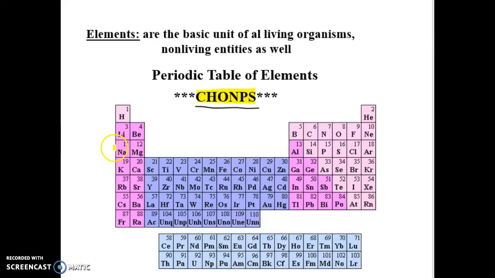So the goal would be, when you look at a periodic table, you go, okay, here's carbon, here's hydrogen, here's oxygen, nitrogen, phosphorus, and sulfur, those 6. Now we are going to talk about some others. We'll talk about things like sodium. Let's give sodium a little star there.